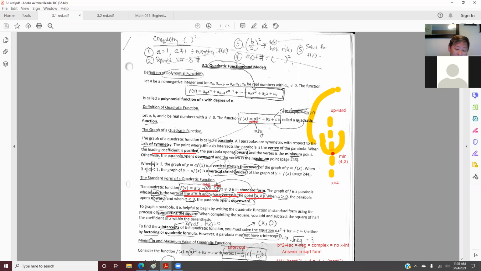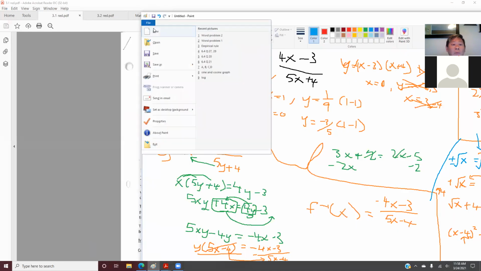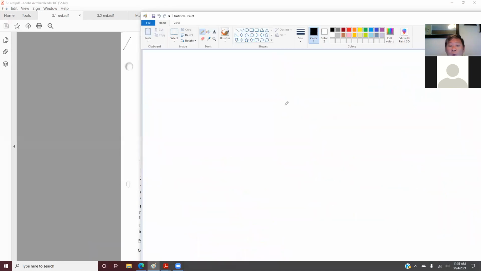So if you remember last time doing polynomial functions, in 3.1, we start out with quadratic, means x squared. Ax squared plus bx plus c. And then 3.2 and 3.3 and 3.4, we will do x cubed, x4, x5.